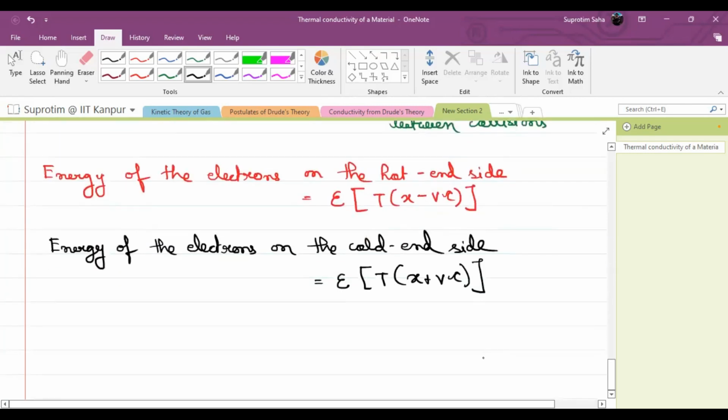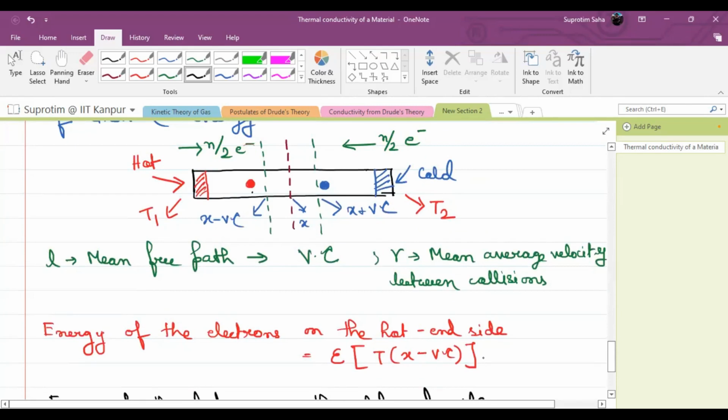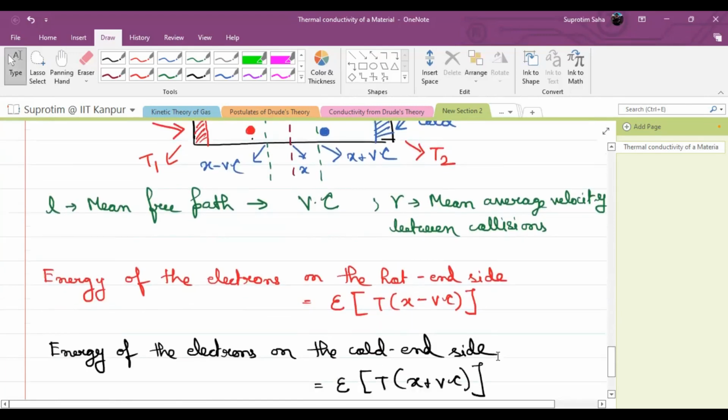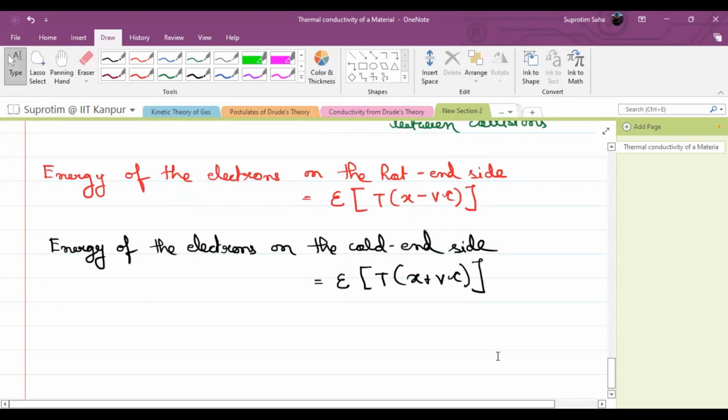We assume that electrons are going to come from both the hotter end and the colder end, and you are going to see this transfer of energy through these electrons at a point x at a cross-sectional area.